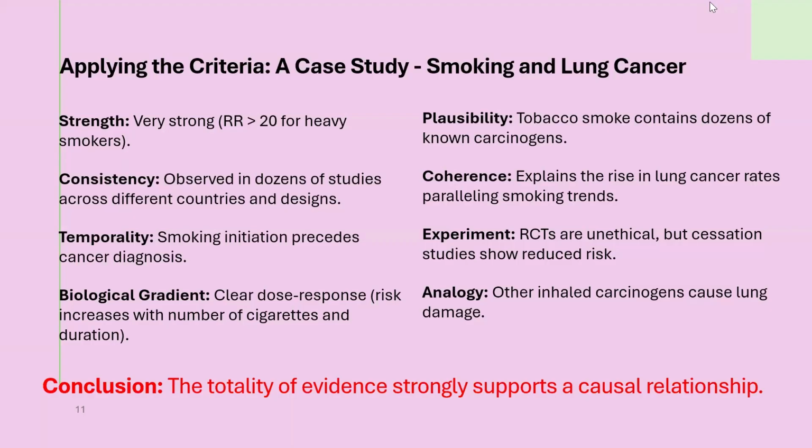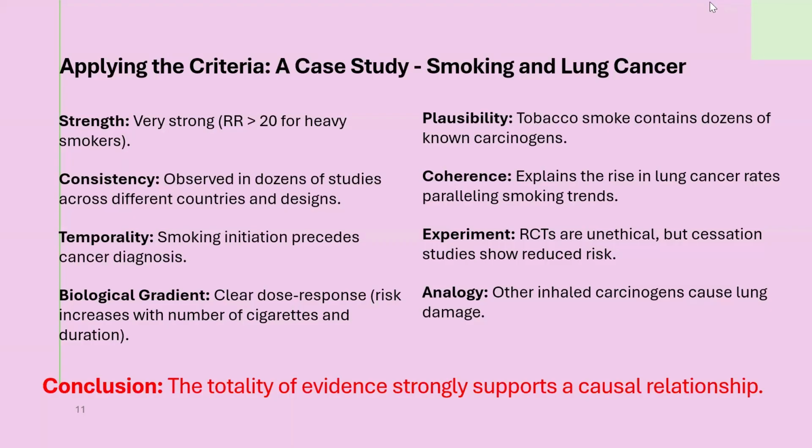Plausibility. Tobacco smoke contains dozens of known carcinogens that have been linked to causing lung cancer. Coherence. So this explains the rise in lung cancer rate that is parallel to smoking trends. It's been seen from observation and from literature that the more people smoke in a community, the higher the incidence or prevalence of lung cancer in that community.